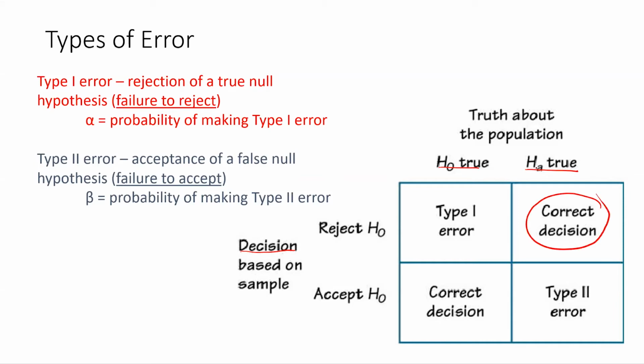We want to accept the alternative because it is true. If we were to reject the null hypothesis, even though the null hypothesis was true, we'd be committing a type 1 error. If our alternative hypothesis is true, but we accept the null anyways, we've then committed a type 2 error.